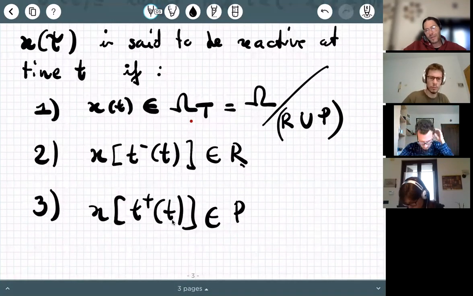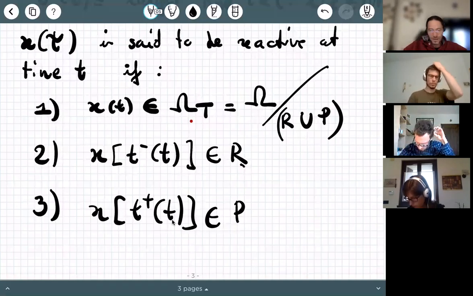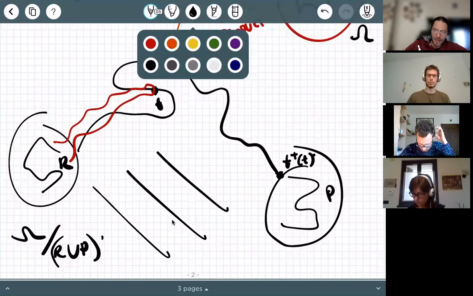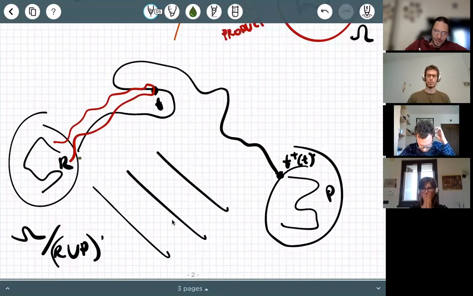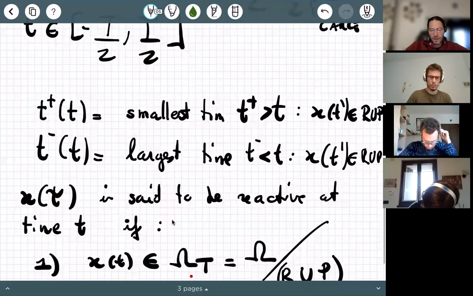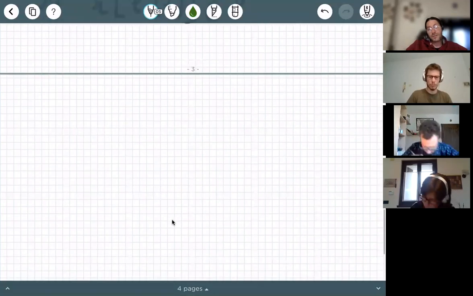And the next time I go back into R united P, so I will be in any basin, I will be in the product. So with this condition, I'm clearly ruling out this orange line, and I'm back to a green line. So this is when the trajectory is said to be reactive at some specific time.